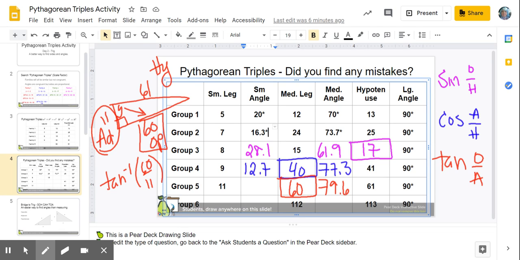This is my other angle. That is a skinny, skinny, skinny little triangle.